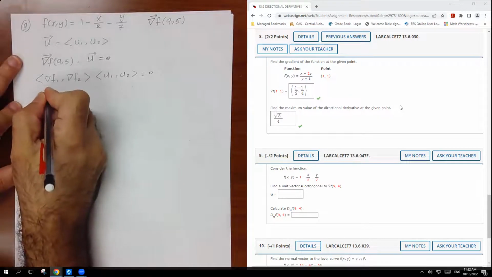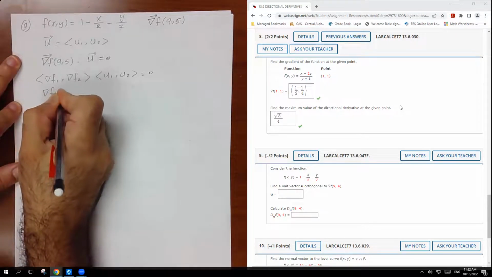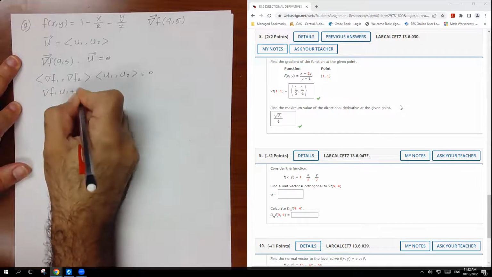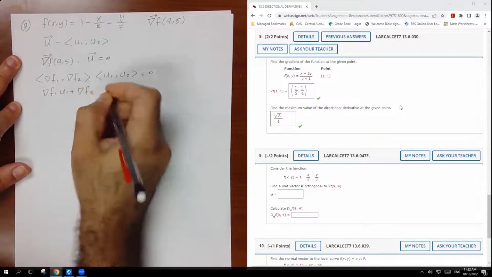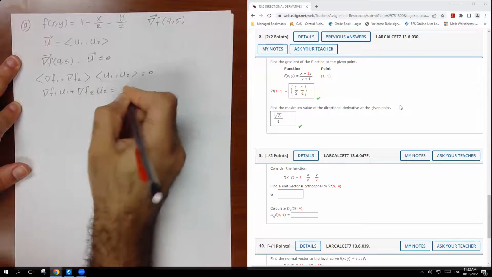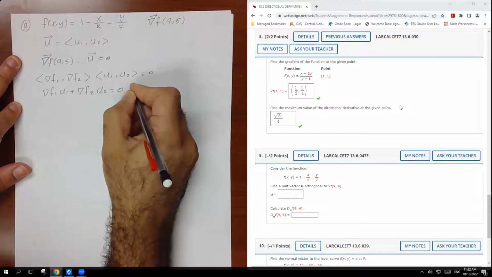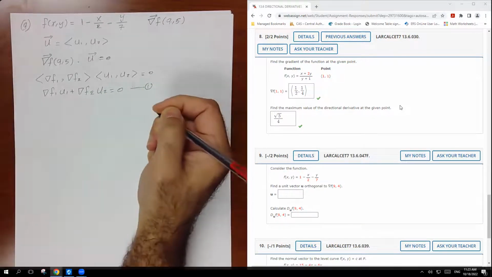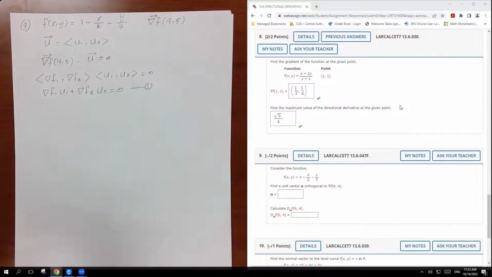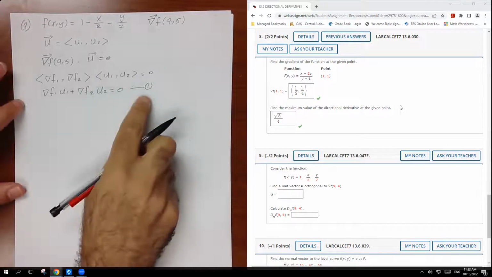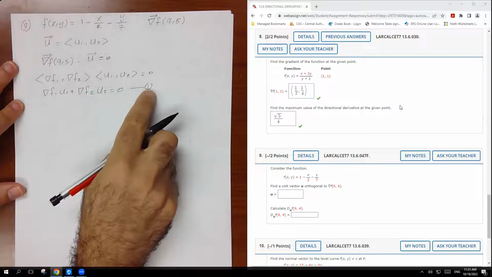So it's going to be ∇f1 u1 plus ∇f2 u2 is going to be equal to 0. This is the first equation. Let's check now with numbers to find the real first equation.